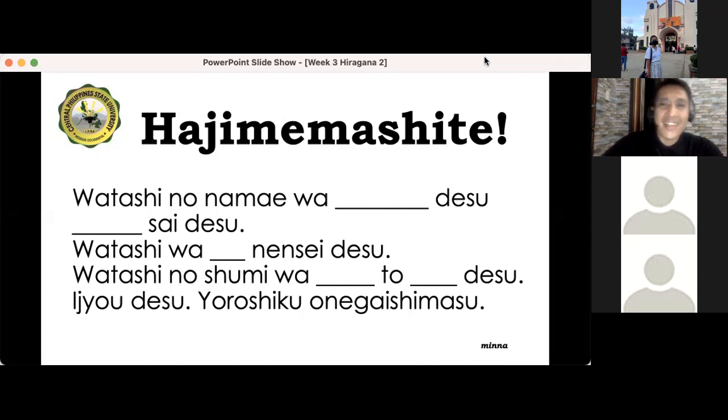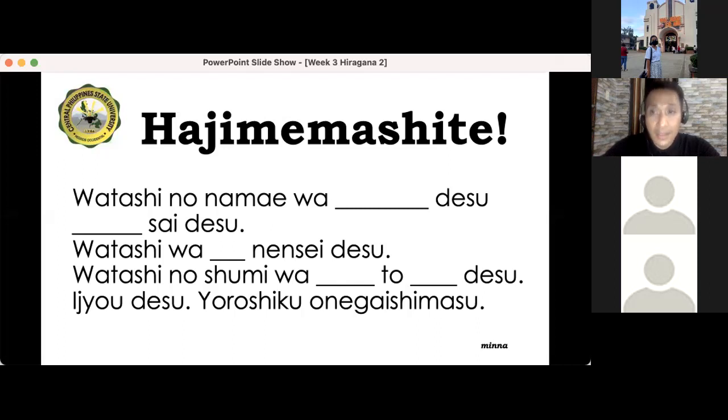Actually, yeah, it's fine. It's okay. Even if we commit mistakes, we are still learning the language for the first time. What is easy or maybe unique about Japanese is that we pronounce each syllable. Syllabic kasi sila, no? So we have to pronounce each syllable. Except siguro sa des at saka sa mas, no? We do not stress the su in the end.